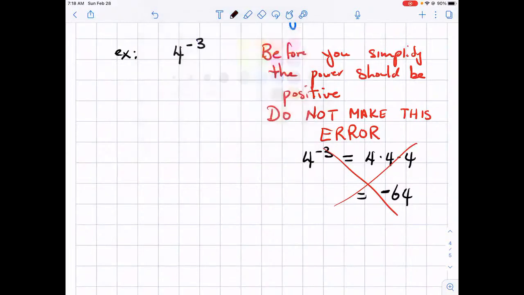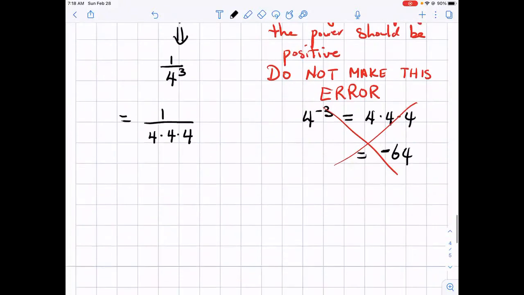So how do we solve? What this means is 1 over 4 to the third power. And now we have 1 over 4 times 4 times 4, which is equal to 1 over 16, 16 fours, 64.